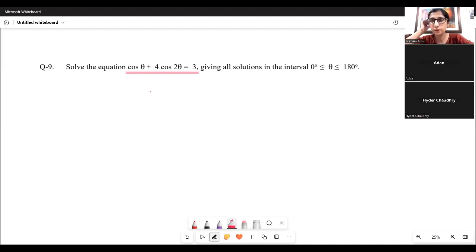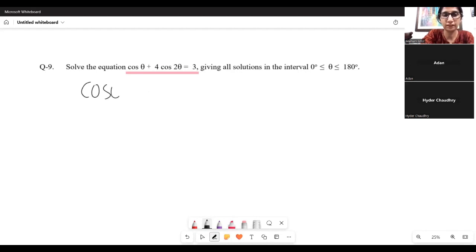Cos 2 theta will be replaced with 2 cos squared theta minus 1, and then we'll get a hidden quadratic equation. Let's quickly do this. Cos theta plus 4 times (2 cos squared theta minus 1) equals 3.